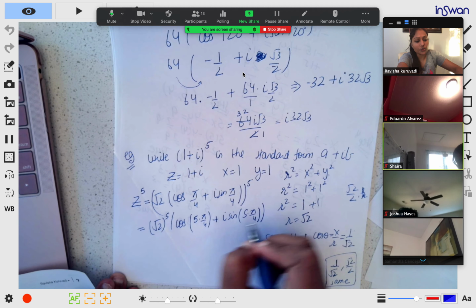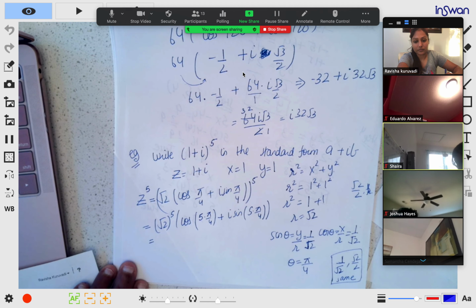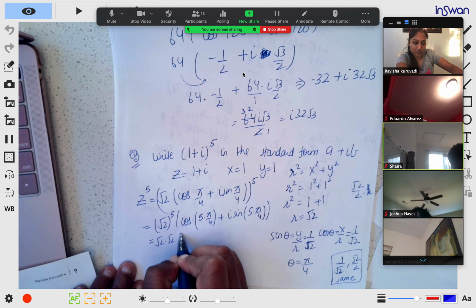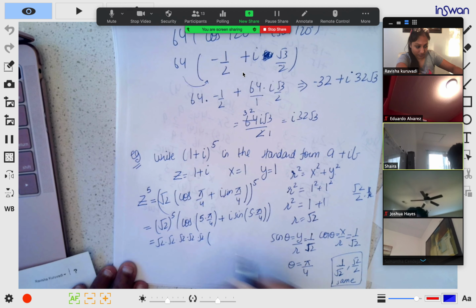What is root 2 to the power of 5? It means you're multiplying root 2 five times, and you got 4 root 2.